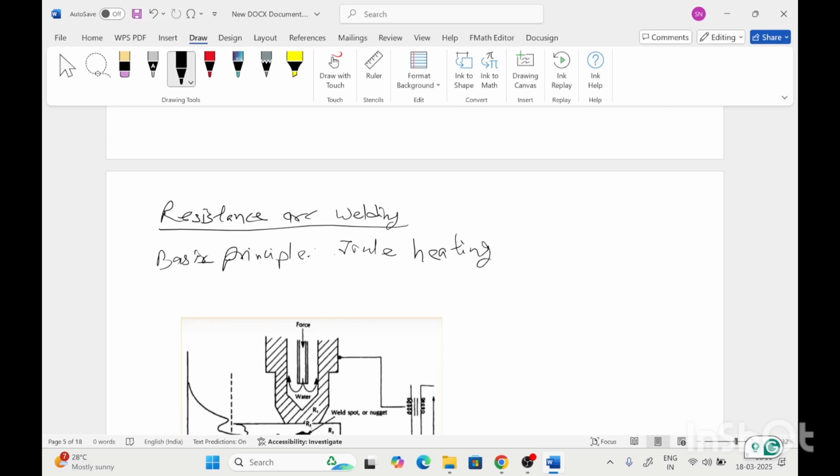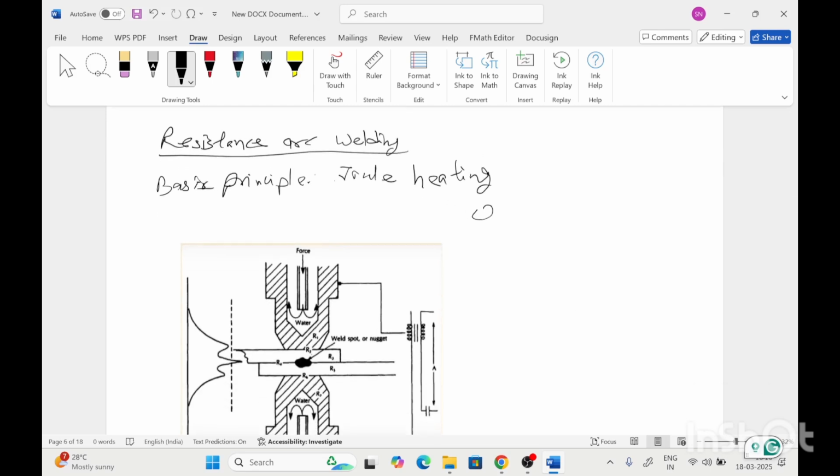Joule heating can be written as Q equals IV times t, where IV is the power term and t is time. We know that V equals IR, so Q can be further written as I squared R t.